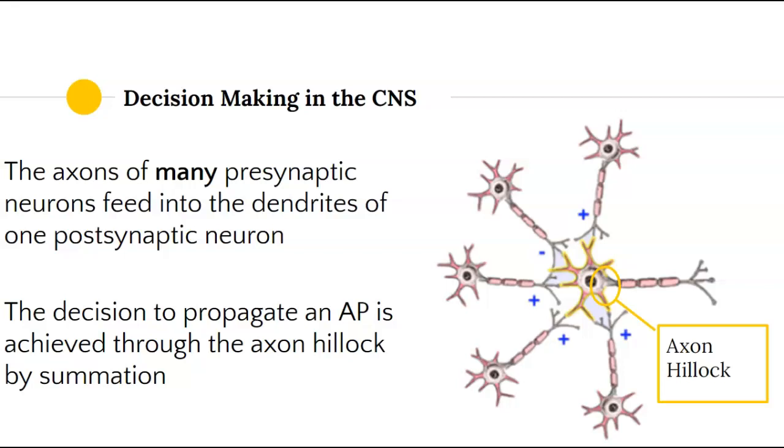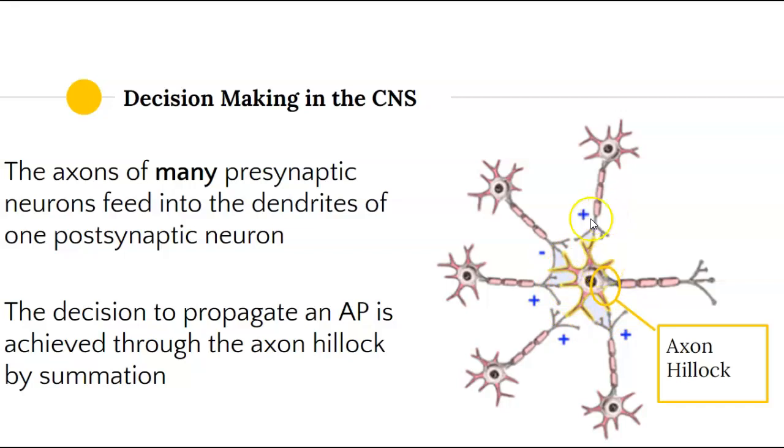So when we're talking about this, right, we have, how many is this? 5 neurons coming in, and all of these axons are your first neuron, and they can feed into the dendrites of one singular neuron.